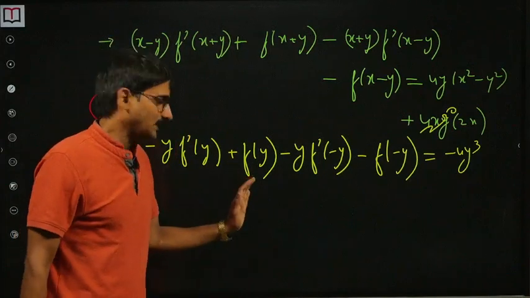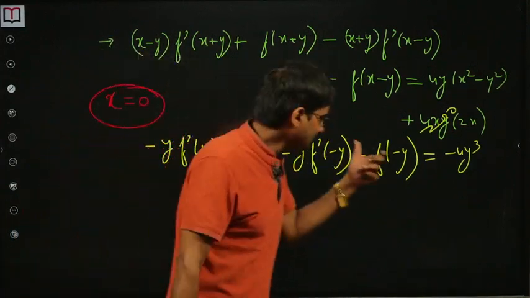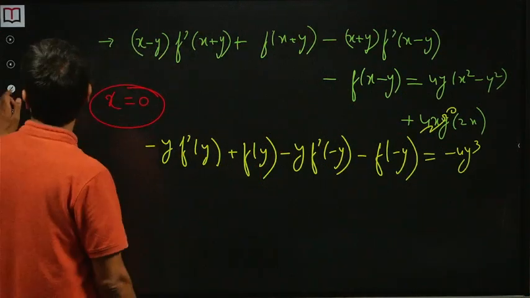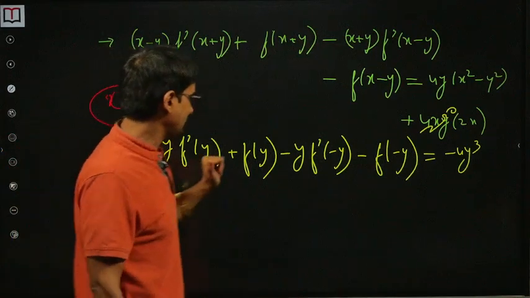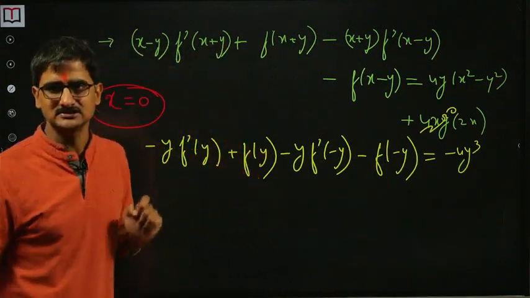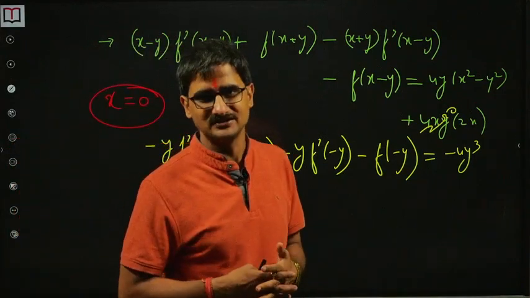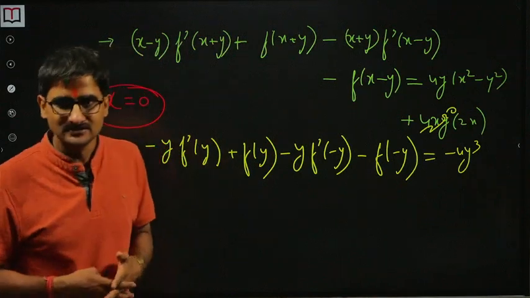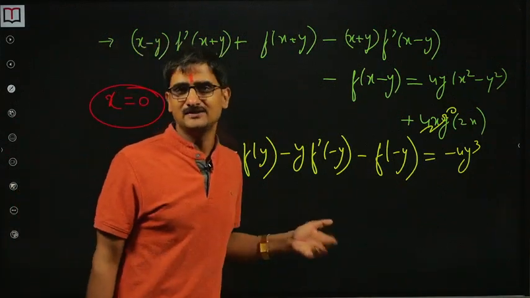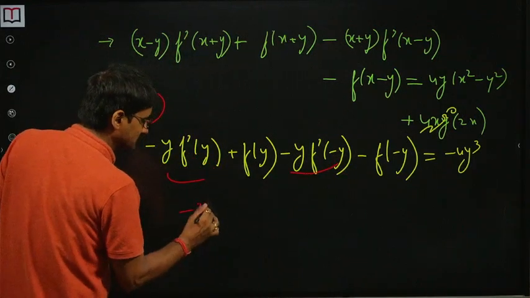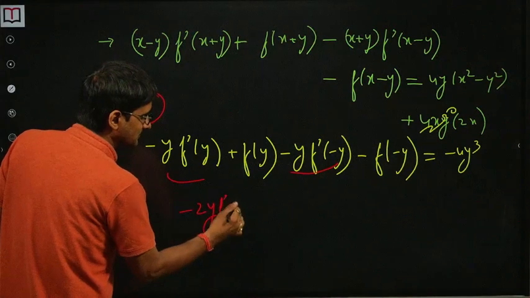Now f of minus y is minus f of y, and one more thing: if f of x is an odd function, which we have already checked, its derivative will be an even function. So these two come together and we get minus 2y f dash of y.